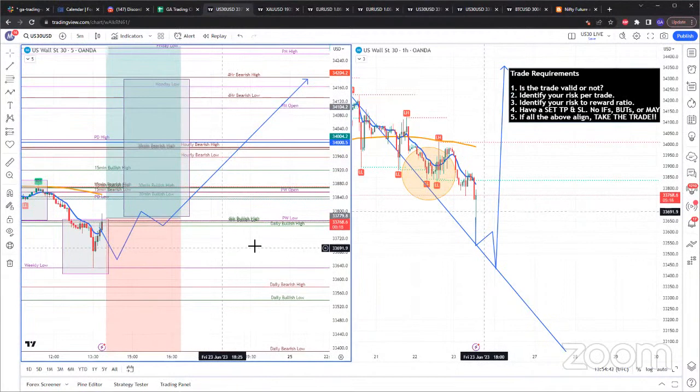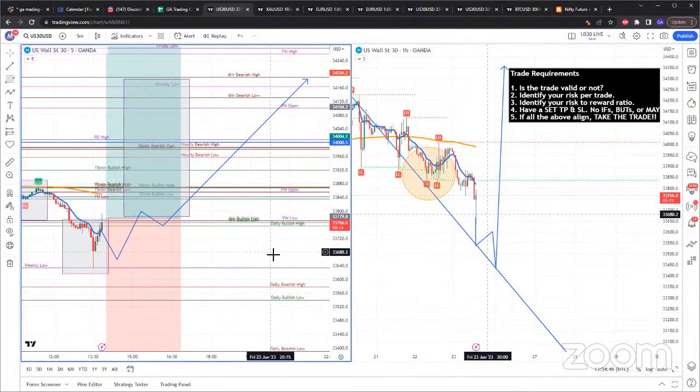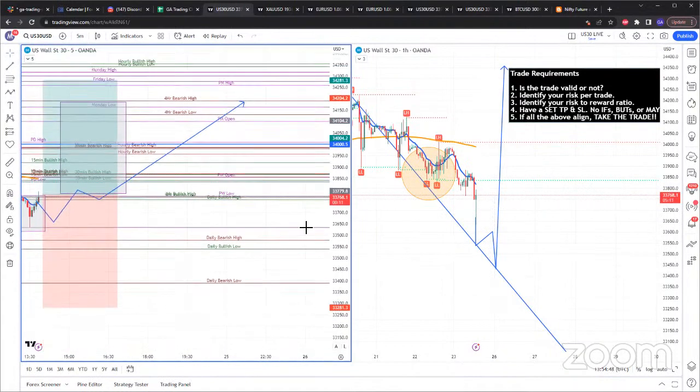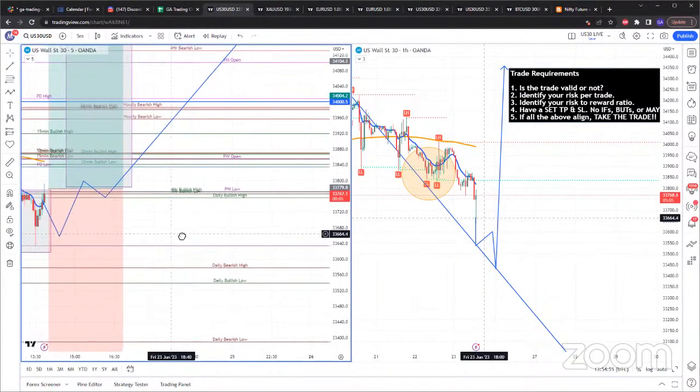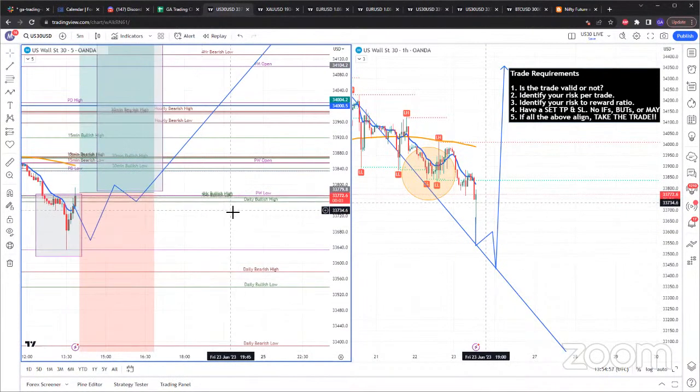But right now, the only thing I have to enter this trade is this 4-hour bullish high and low. We have a daily bullish high, but I did mention this daily bullish high and low cancels out with the daily bearish high and low. So for me, the probability of this trade hitting drops to about 70%.